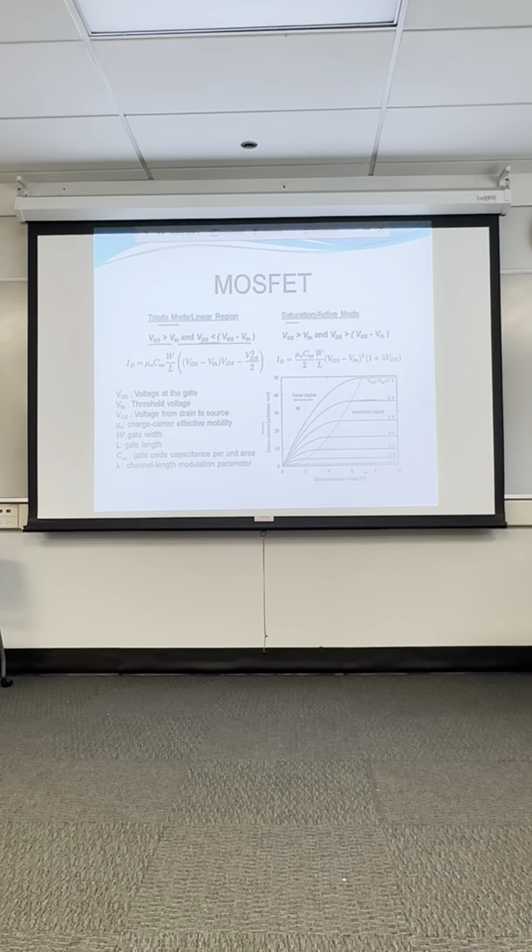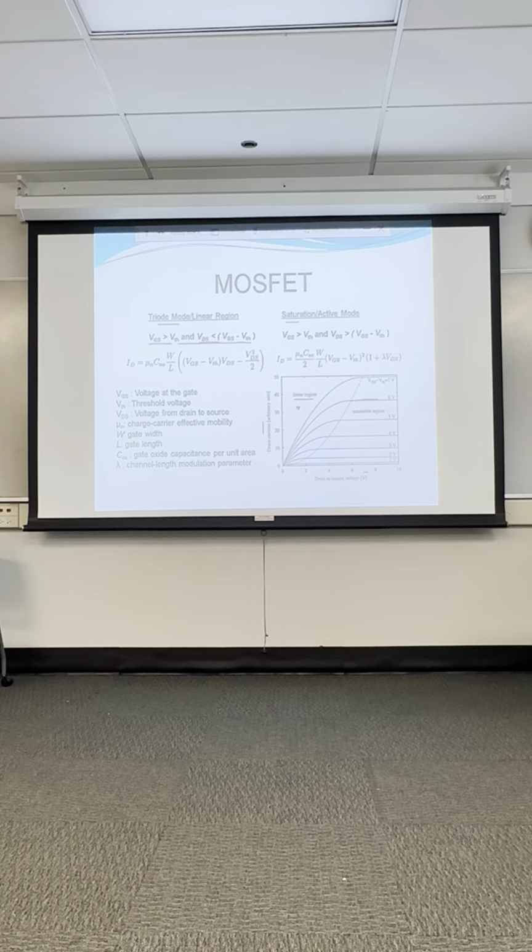Now there's some advantage to that compared to BJT devices. And over here, this is the gate to source minus the threshold voltage. For this device, the gate to source voltage minus the threshold is equal to 7 volts. And then here it's equal to 6, 5, 4, 3, 2, and 1.